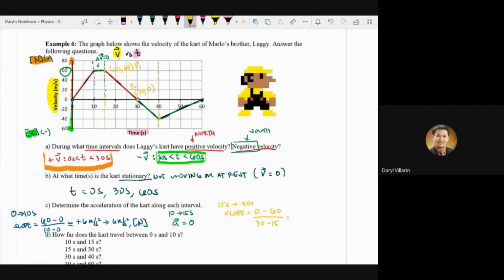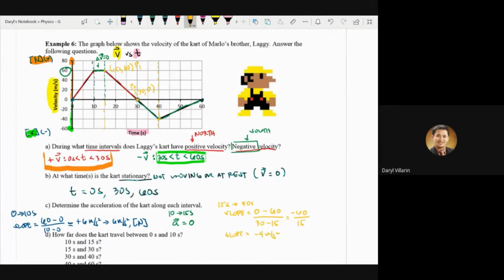So that gives me negative 60 all over 15. Okay. And that should give me an answer of negative 4 meters per second. So negative 4 meters per second squared.